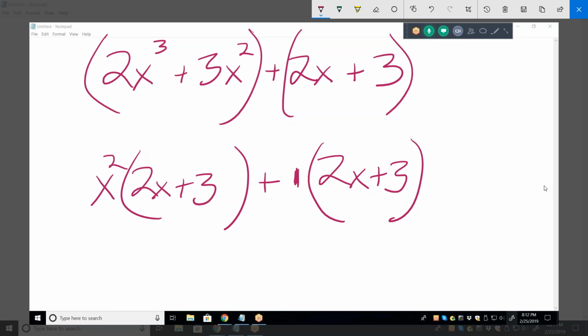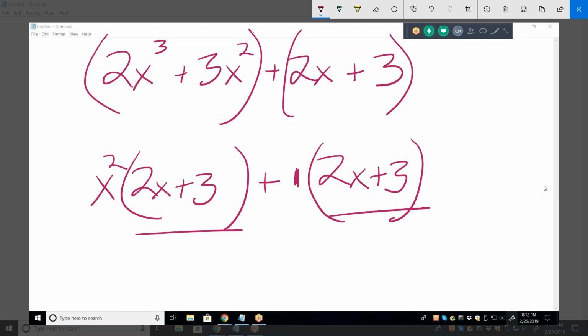But nonetheless, you've spent your whole life factoring monomial terms out, right? This is different. You can factor out a binomial term as long as it's the same.